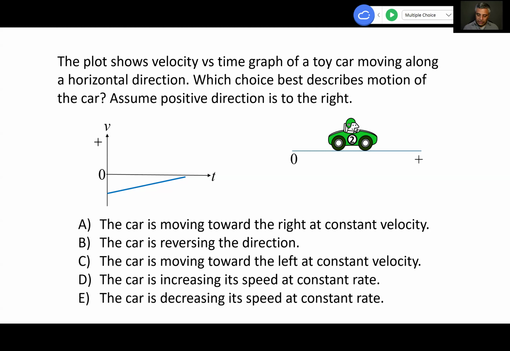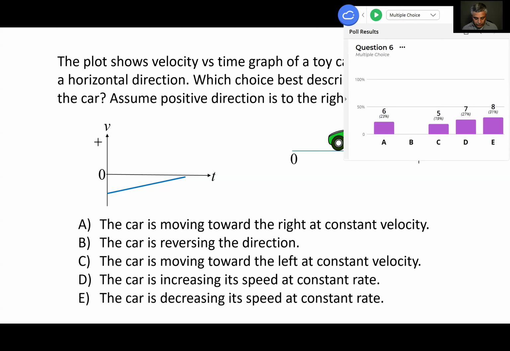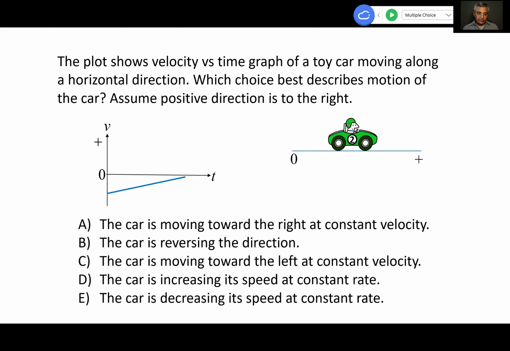Okay, let's see what we got here. So we got some A, mostly E, D, kind of all of them competing with each other. That means we have confusion. And actually we talked about this same question before.